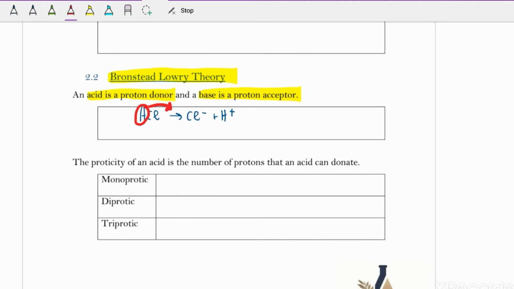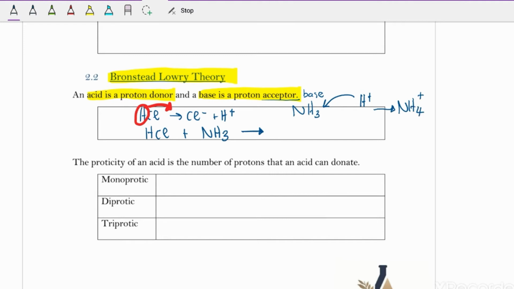So let me write that down. Let's say you have hydrochloric acid reacting with ammonia. Because hydrochloric acid is an acid with a proton, it can give away the proton. Ammonia, because it's a base and a proton acceptor, would like to take up another hydrogen ion to become ammonium.